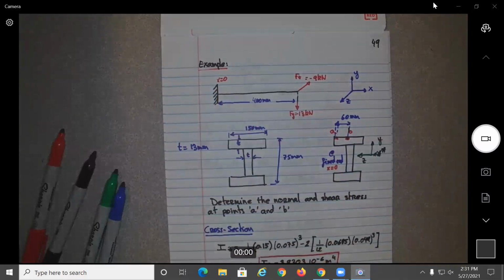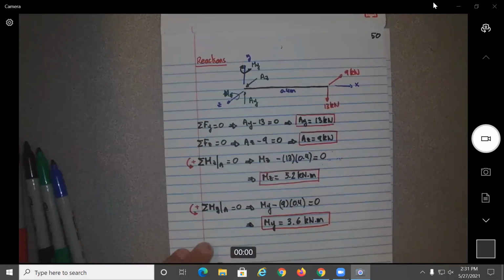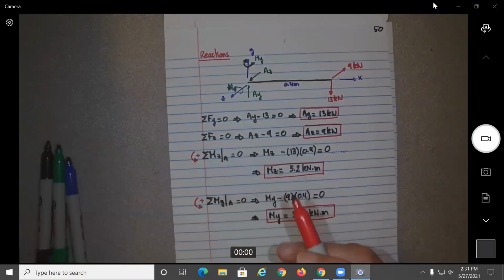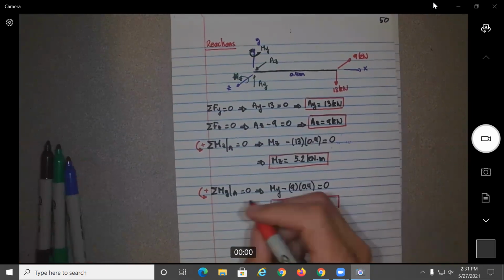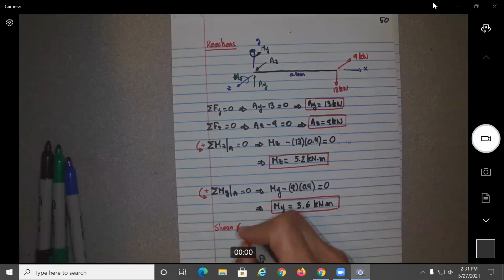So really you don't need to find the shear and bending moment diagrams, but let's just do it as an exercise. So reactions, and now we're gonna find here, a little bit faster, shear and bending moment.